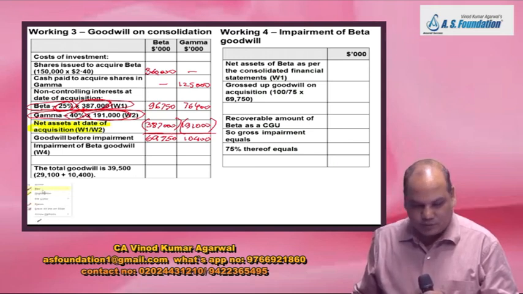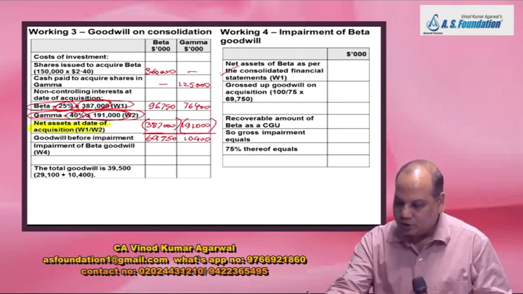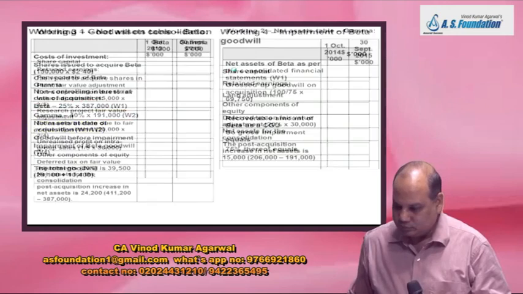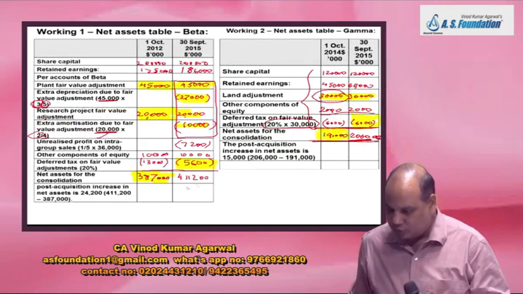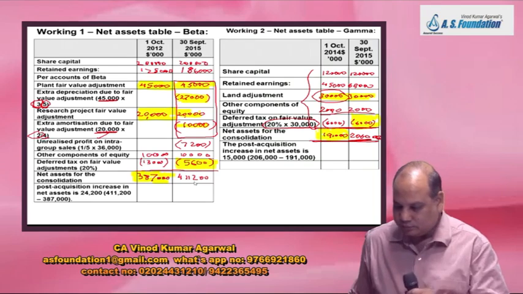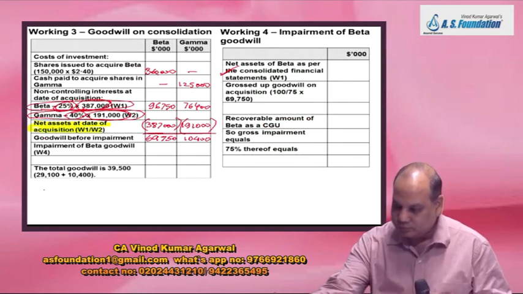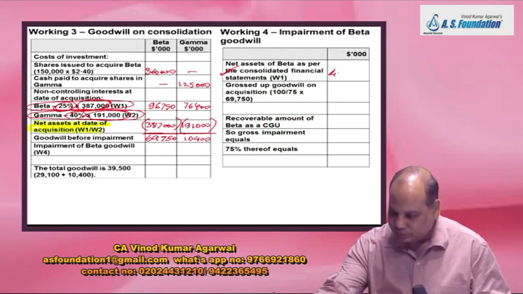Anybody wants to tell me that figure? This figure, 411,200. The whole subsidiary is a CGU. The carrying amount of this CGU is 4,11,200, as per working note 1.